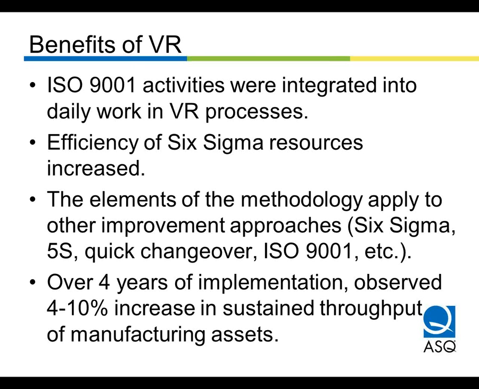They also found that the 7 elements of the methodology applied to other improvement approaches, including Six Sigma, 5S, Quick Changeover, and ISO 9001, and began to expand these things into other parts of their continuous improvement approach. Over 4 years of implementation, they observed a 4 to 10% increase in sustained throughput of their manufacturing assets.